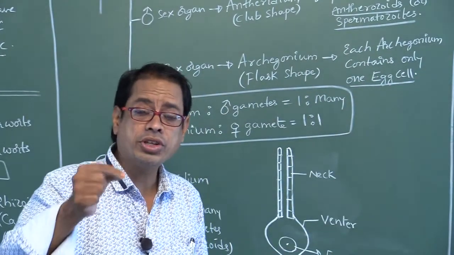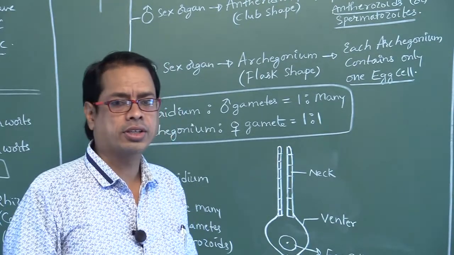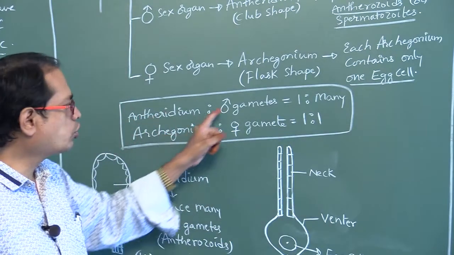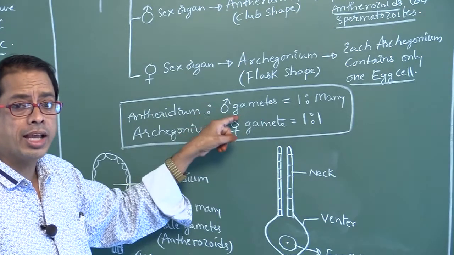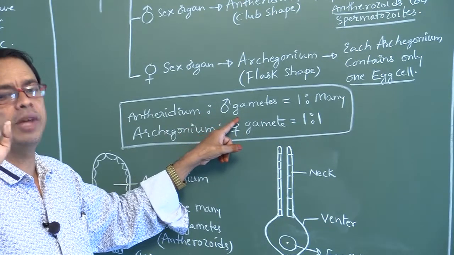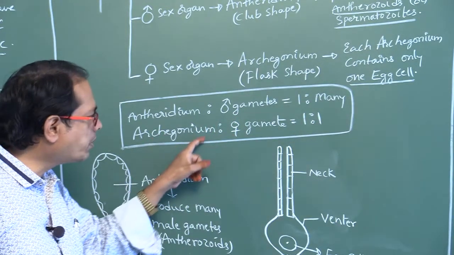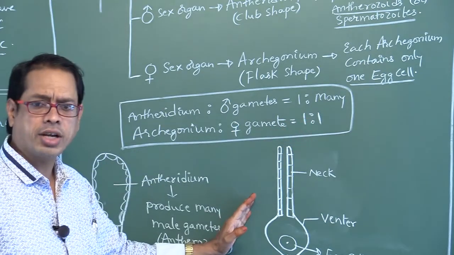So the ratio between Antheridium and male gametes is 1:many, and between Archegonium and female gamete it is 1:1. Did you understand, my dear students?